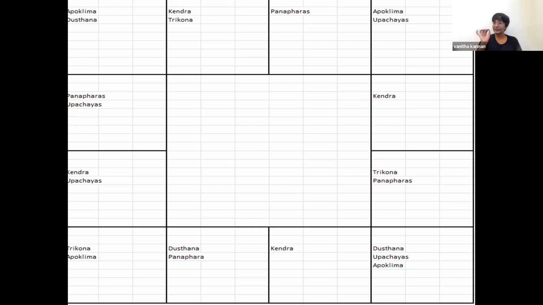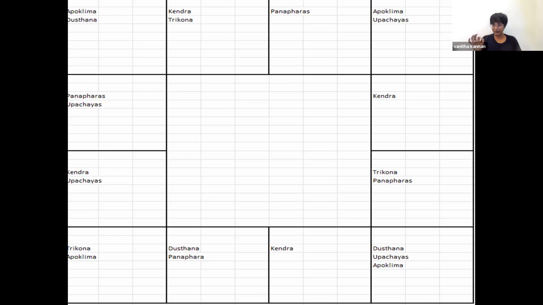Remember this one point. Panafara means whatever your auspiciousness, it won't be 100%. In the Trikona, you will have 100% of the auspiciousness. In your Kendra, you will have good strength in your auspiciousness. But in the Phanapara, it will be half of it or 3/4 of it. The Apoklima is 1/4. Upachaya means it will grow, whether it is auspiciousness or inauspiciousness, both will grow.